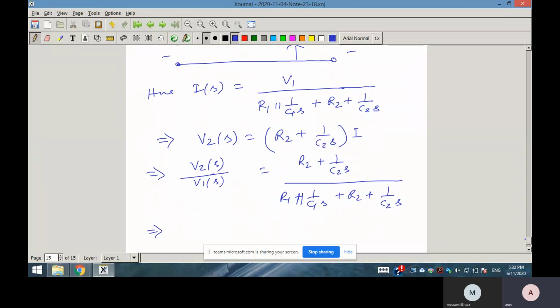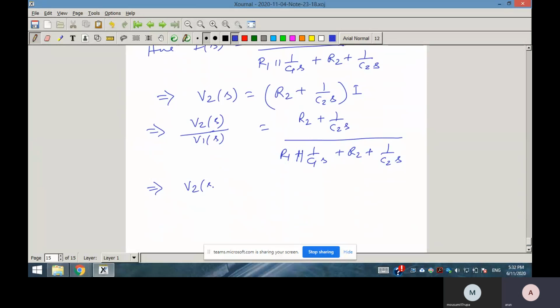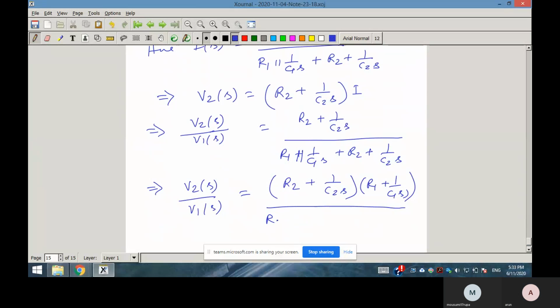Sorry, this is parallel. So this can be written as V2(s) by V1(s) equal to R2 plus 1 by C2s into R1 plus 1 by C1s, please check it, divided by R1 into 1 by C1s plus R2 plus 1 by C2s into R1 plus 1 by C1s.